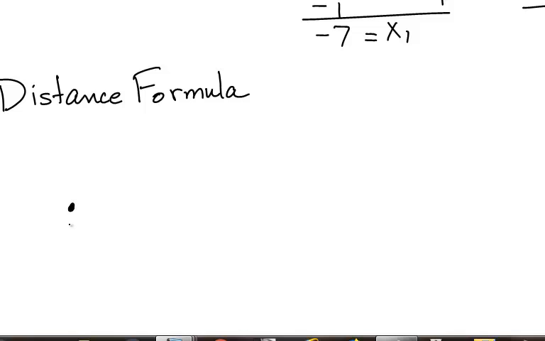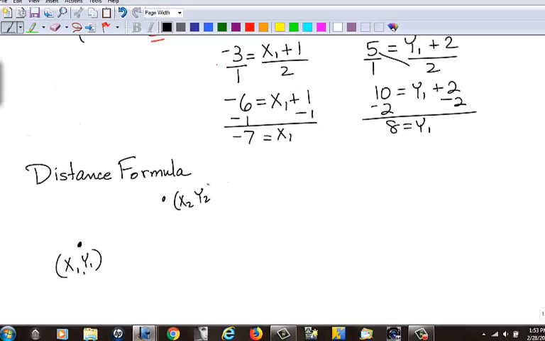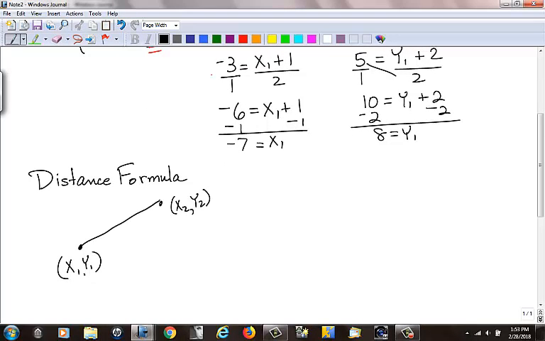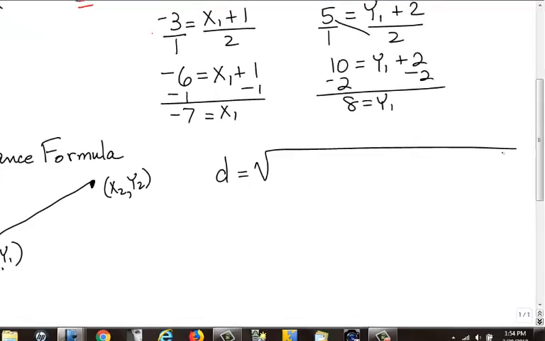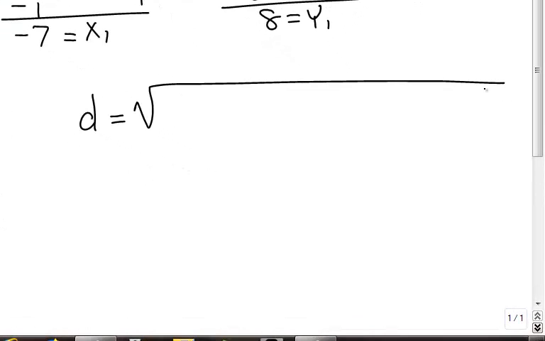So if I said this point is x sub 1, y sub 1, and this point is x sub 2, y sub 2, and I want to know what's the distance between them. Okay? So D equals, can you write it down without me?